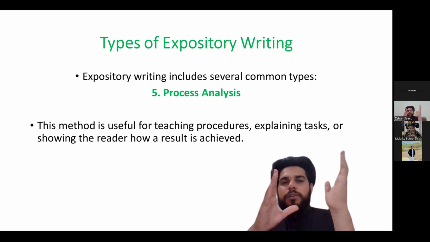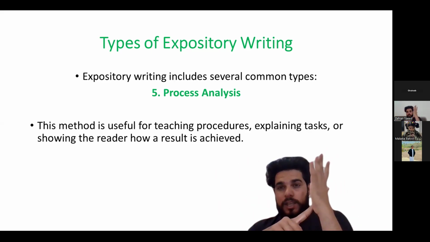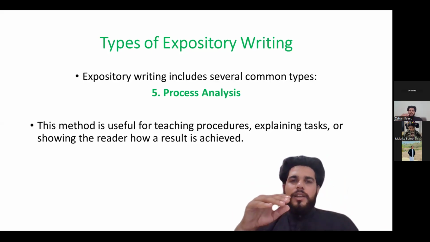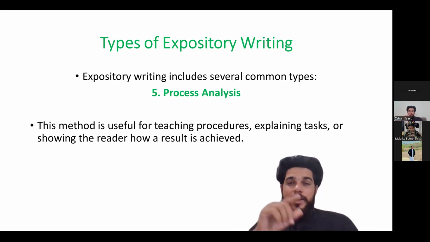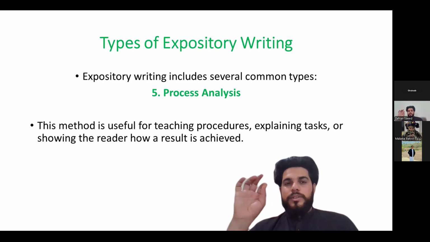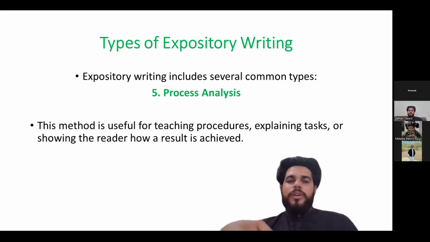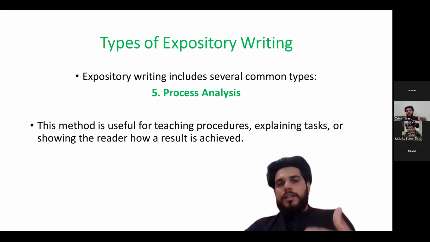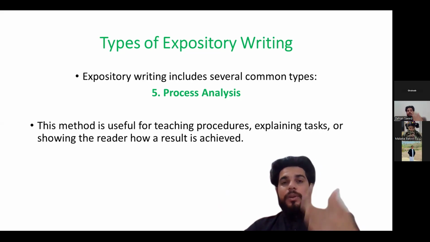Because if you start from the very beginning, like firstly, then secondly, then thirdly, then finally, or if you focus on this very lecture, at the start I told you the contents: in today's class I will discuss description, illustration, classification, process analysis, etc. So this helps explain tasks. It helps readers to understand in a very simple way.